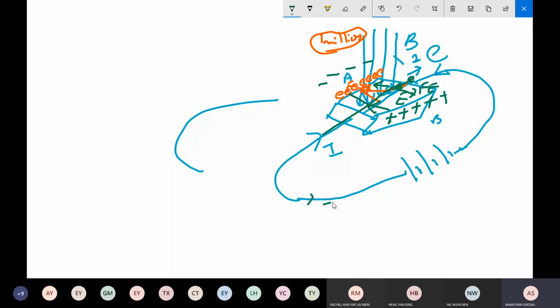So you get a current after that. This effect is called the Hall effect: the drifting of electrons to one side and the production of a new electric field.